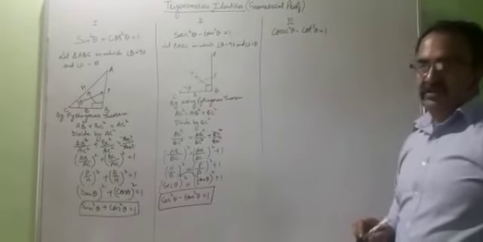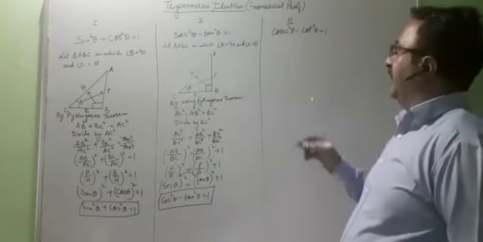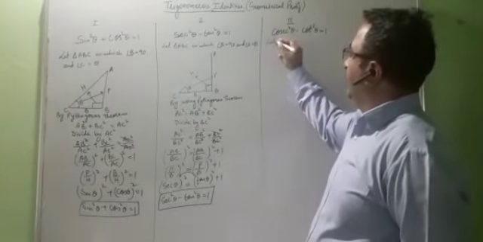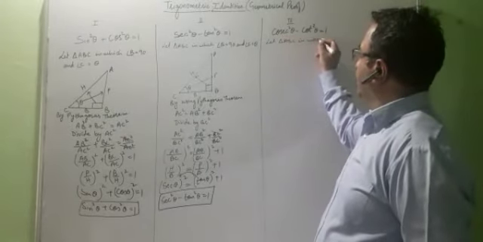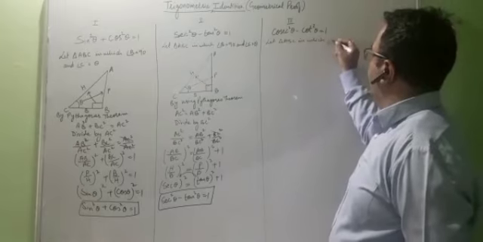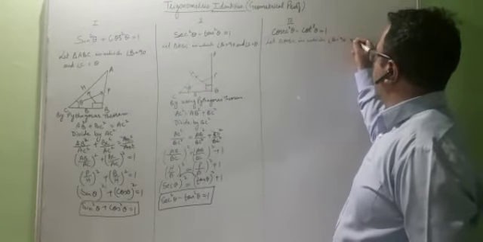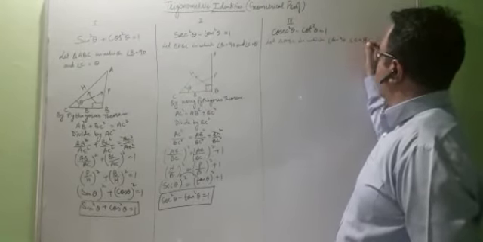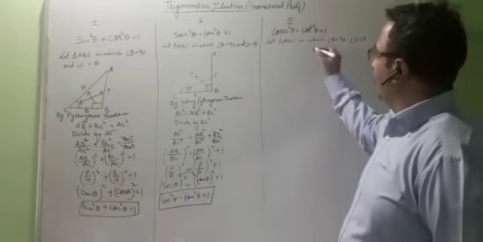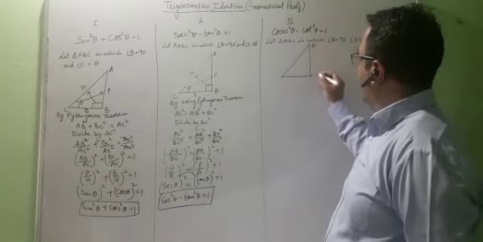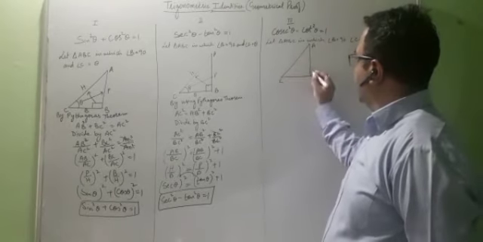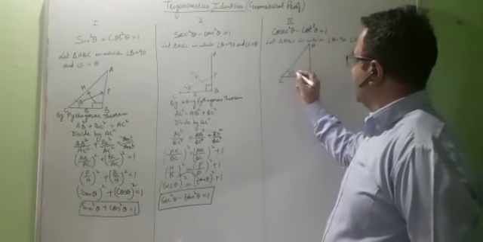Now we'll go to the third proof. Let triangle ABC, in which angle B equal to 90 degree, angle C equal to theta. All of you make a right angle triangle. A, B, C. This is 90 degree. This is your theta.